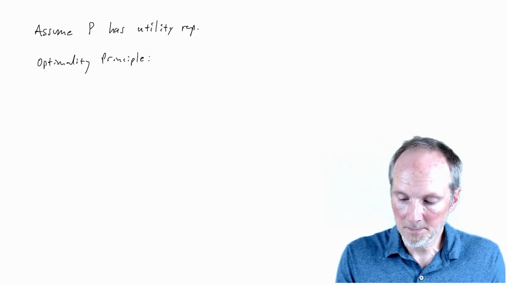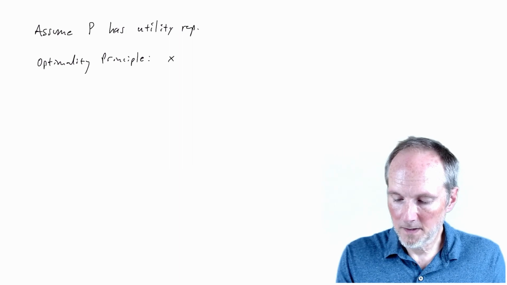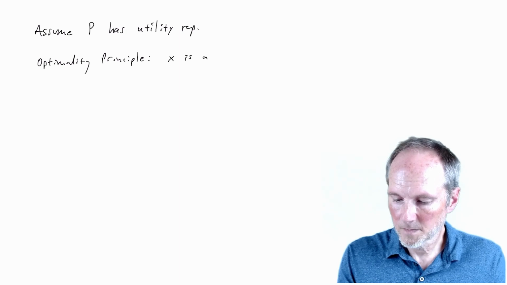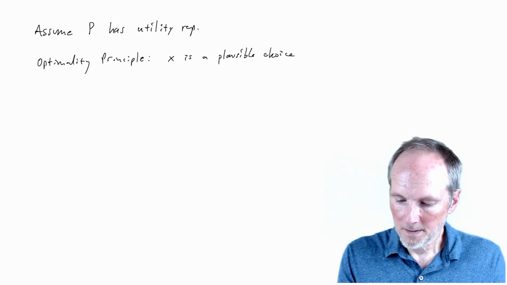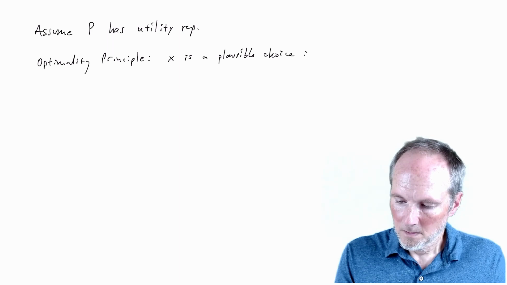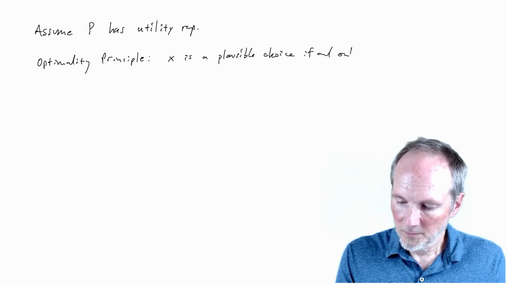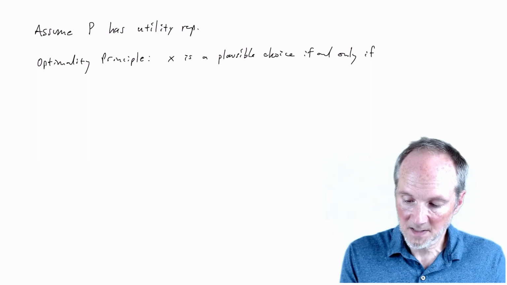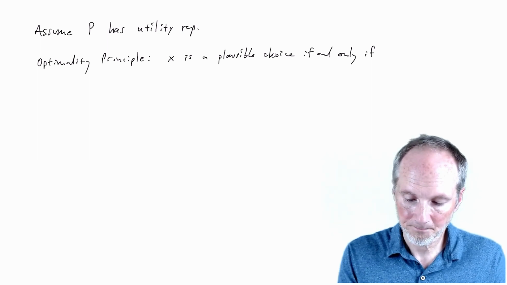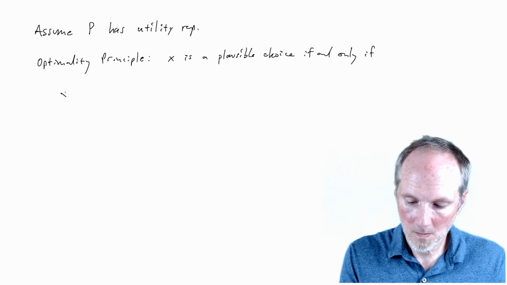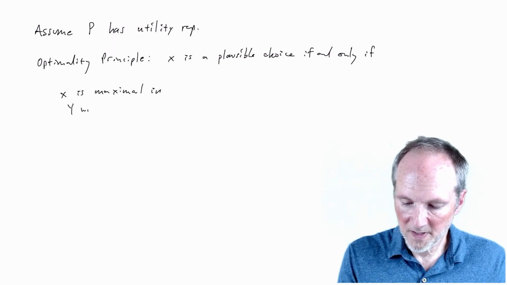Okay, so X is, let's say, a plausible choice if and only if it's maximal in Y with respect to P.